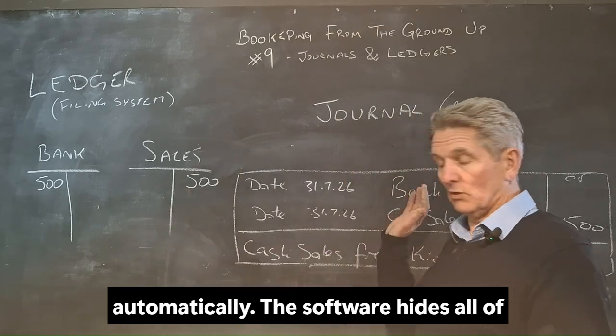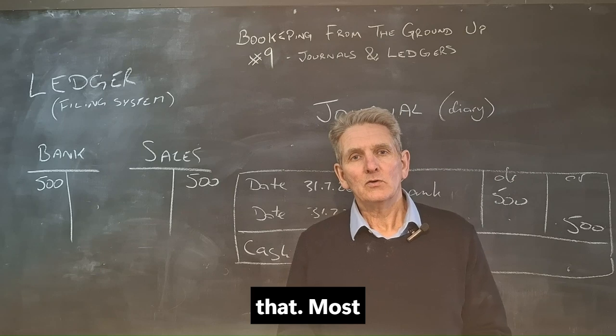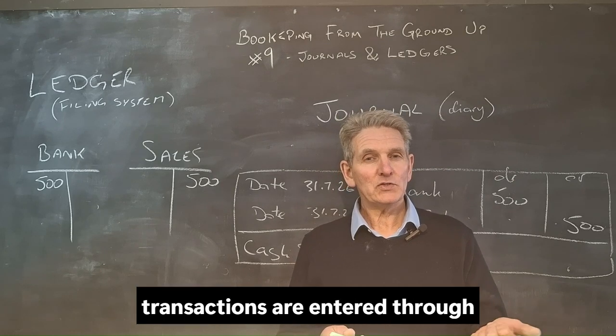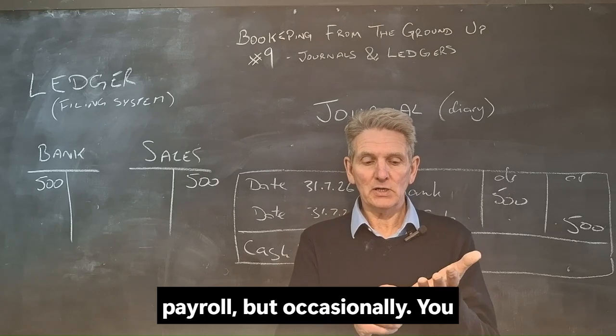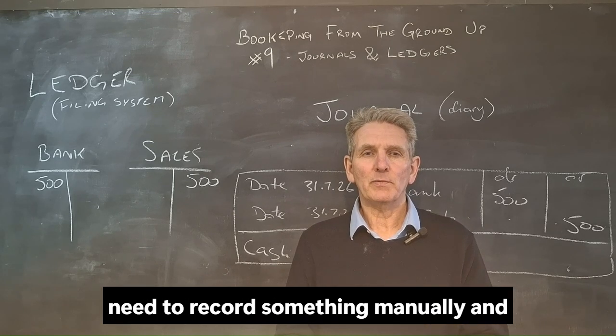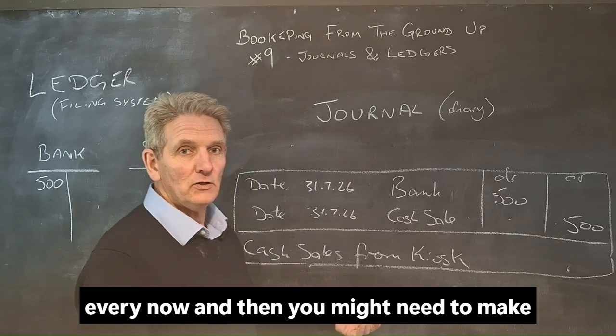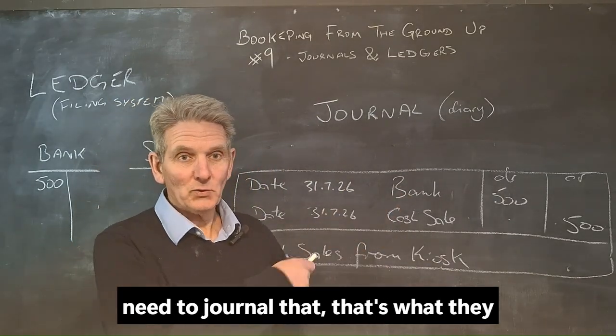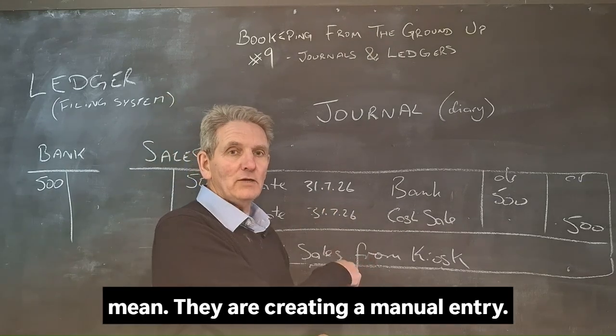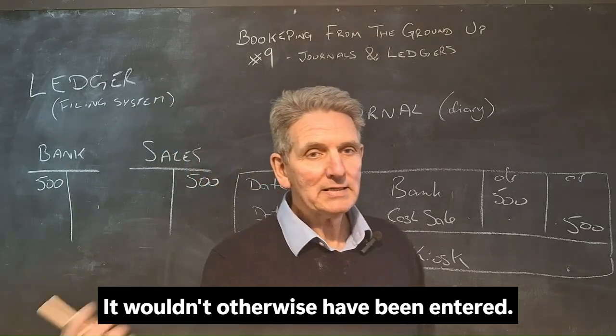The software hides all of that. Most transactions are entered through invoices, bills, bank reconciliations, payroll, but occasionally you need to record something manually. And every now and then you might need to make an adjustment. When a bookkeeper says, I need to journal that, that's what they mean. They are creating a manual entry. It wouldn't otherwise have been entered.